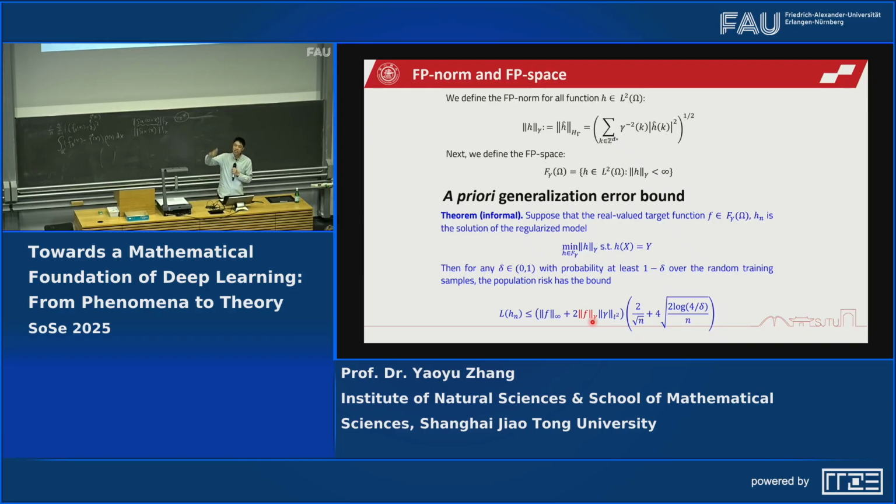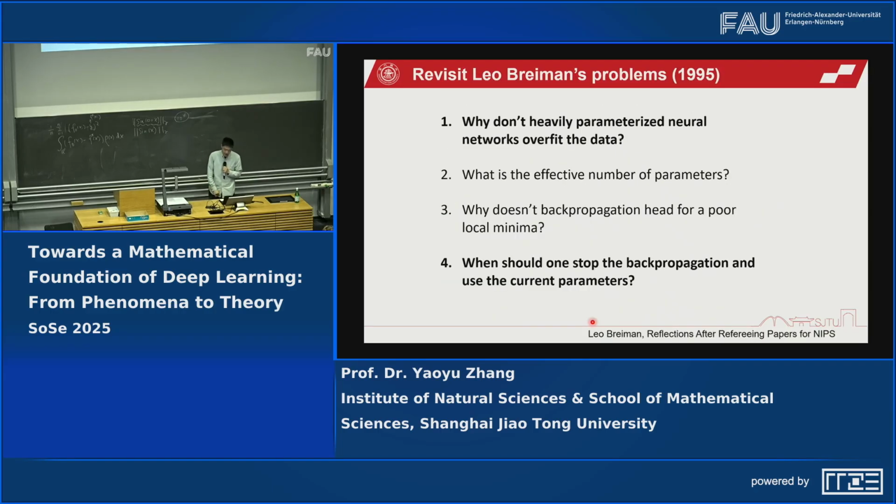But the qualitative predictions are something we really care about. For example, this bound tells you that the higher frequency your target is, the higher generalization error you should expect. That qualitative prediction is something we try to extract from this kind of bound, and it matches the empirical observation we have.